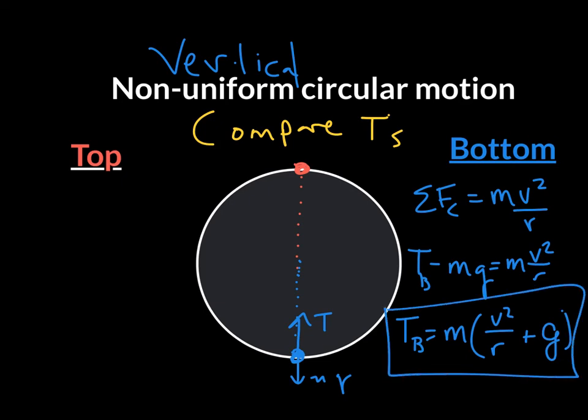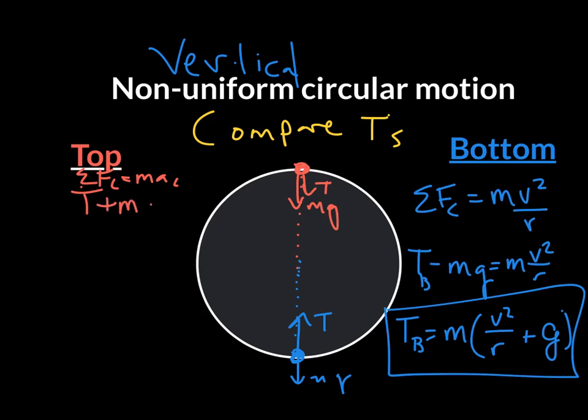All right, if we're looking at the top, we have mg, we have tension, both pulling in the same direction. So sum of forces towards the center equals m a_c. Now notice, even though gravity is pointing down, all we care about for the purposes of this example is that gravity is pointing towards the center.